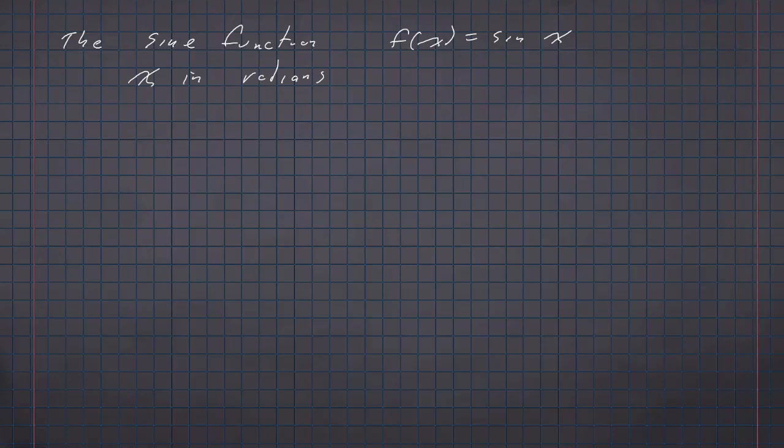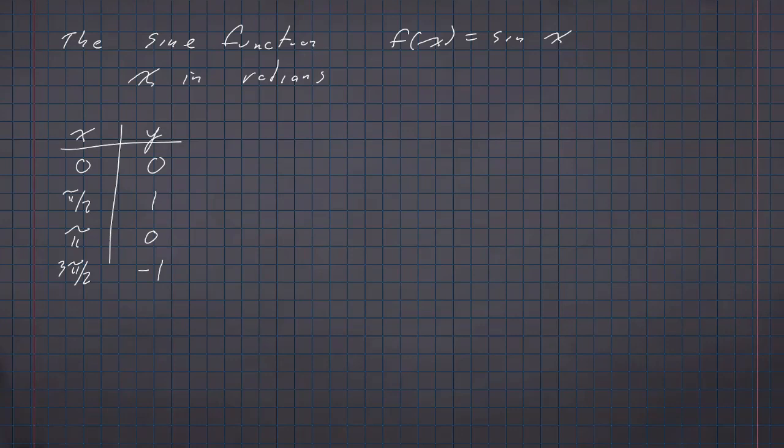For our purposes in this course, we are exclusively going to use radian measure. It is far more useful analytically. But you'll probably remember the key points. 0, 0, pi over 2, 1, pi 0, 3 pi over 2, negative 1, and 2 pi 0.